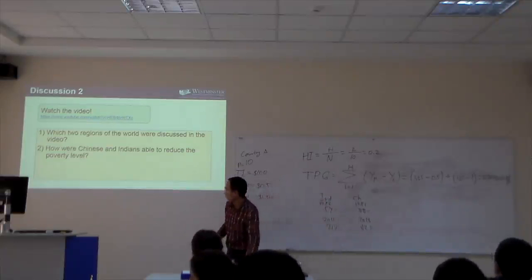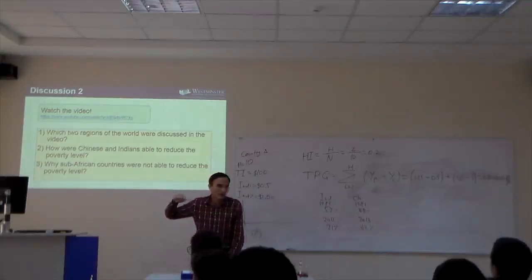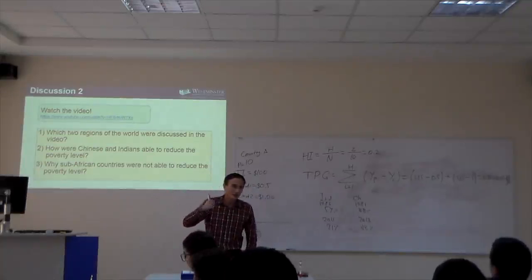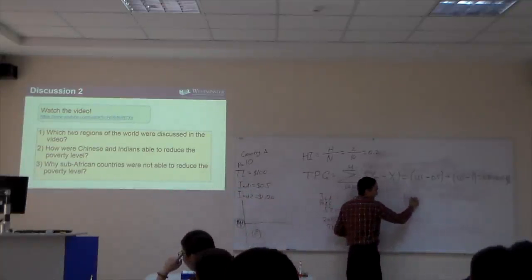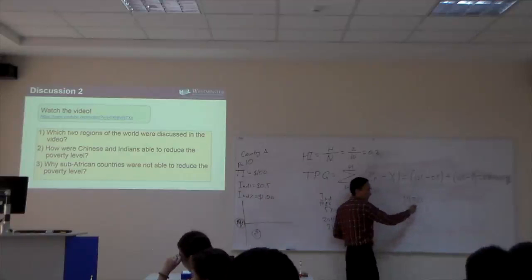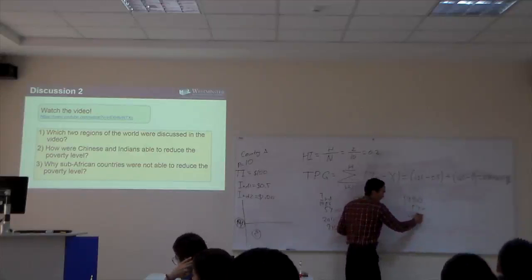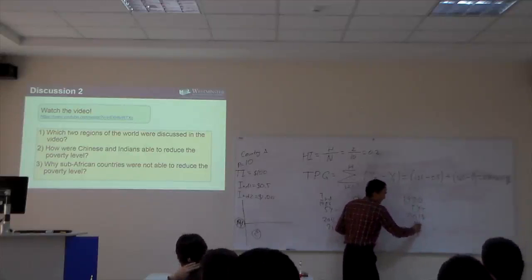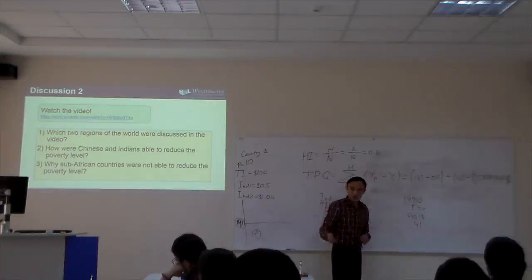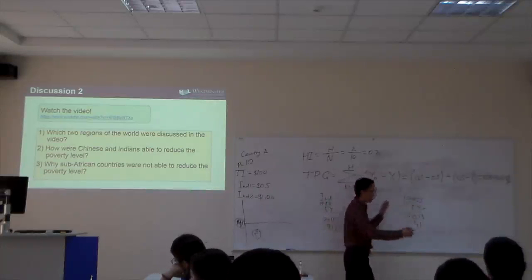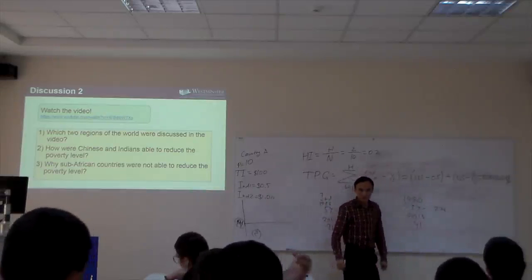Very nice. Good. How about Sub-Saharan countries? Why did they fail? Why are they not able to do it? What about the statistics? In 1990, the poverty level was 54%, right? And in 2013, it reduced to 41%. What about in real terms, in terms of numbers? In 1990, it was equal to 276 million, right?